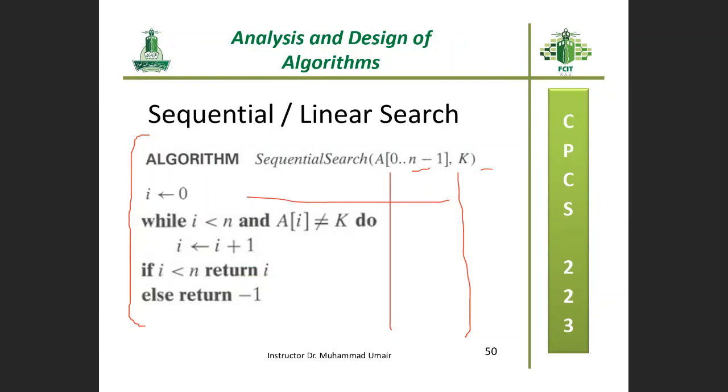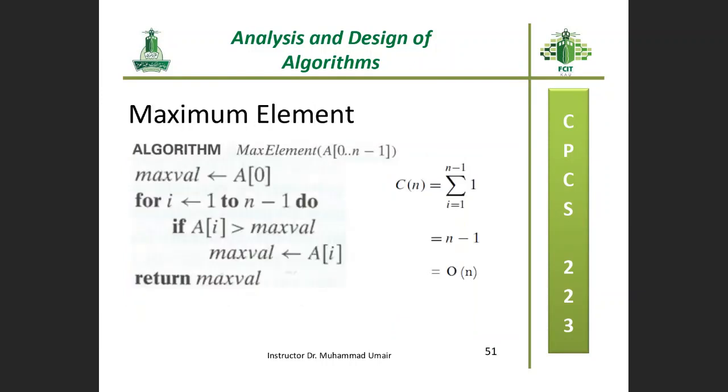Similarly, the next example given for your exercise is maximum element. Some informal analysis is already given. You can analyze it formally using the RAM model. This informal analysis is given for your reference.